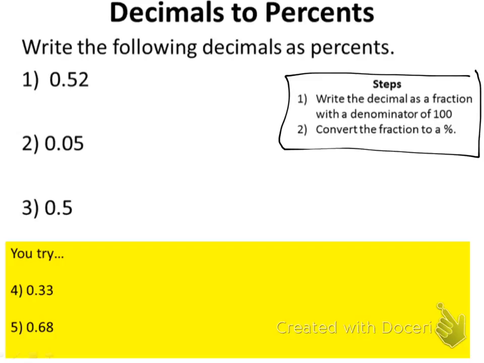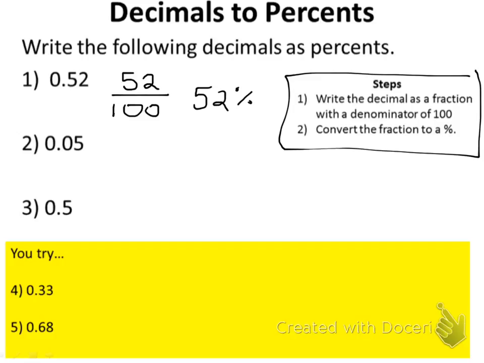I have 0 and 52 hundredths. How would I write that as a fraction? Well, think about the way it sounds. 0 and 52 hundredths. So that would be 52 out of 100. Well, that's really easy to write as a percent because I already have the denominator of 100. So 52 out of 100 is 52%.